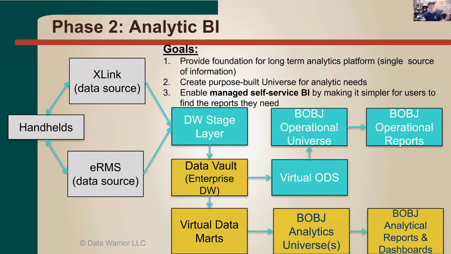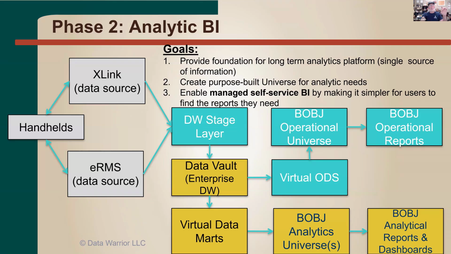Now, our plan was for a phase 2, which you can see here, that's everything in yellow on this diagram. We were going to go from a data warehouse stage area to a data vault for the enterprise data warehouse, and then build virtual analytic data marts on top of the data vault and build some analytics universes.